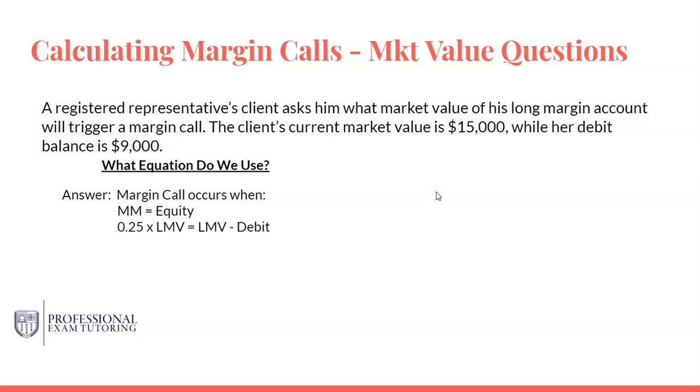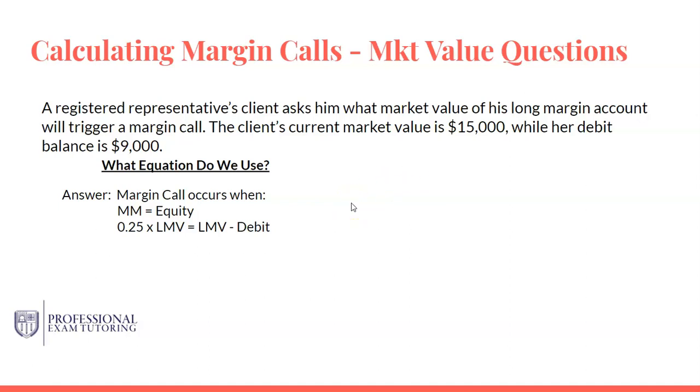Now the equation for the maintenance margin would be 0.25 times long market value, or 25% times the long market value. And the equation for equity in a long account would be long market value minus debit.